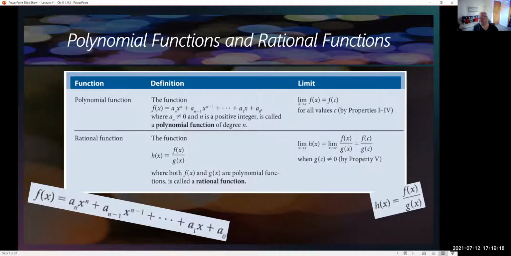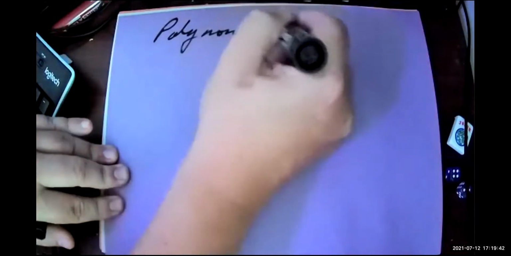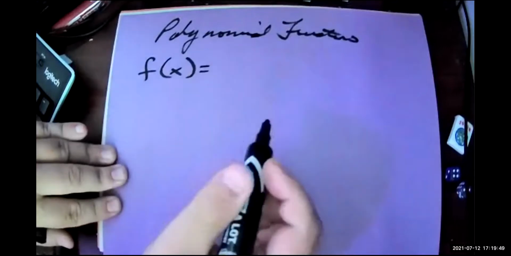Think of a factoring example. Think of any kind of basic function. I'll give you some examples right now of polynomial functions. Polynomial functions are those functions that have coefficients and variables, and they have no divisions.